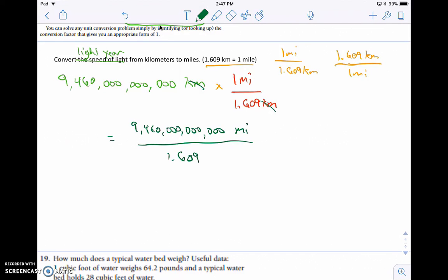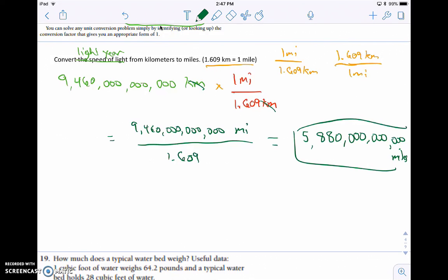The kilometers have divided out. Now when I take 9,460,000,000,000 and divide it by 1.609, I get roughly, and this is rounded, 5,880,000,000 miles.